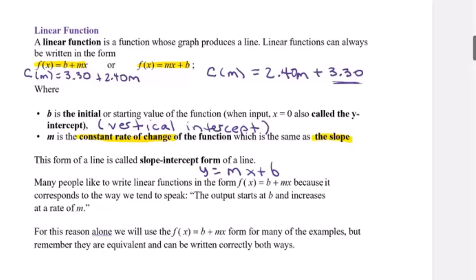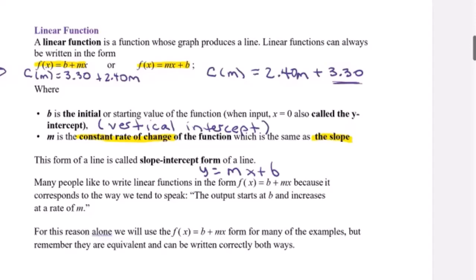Remember, when we started our first example, we started off saying, well, we have to pay this $3.30. And then it's going to change at a constant rate of $2.40. Okay, so either way, they mean the same exact thing.